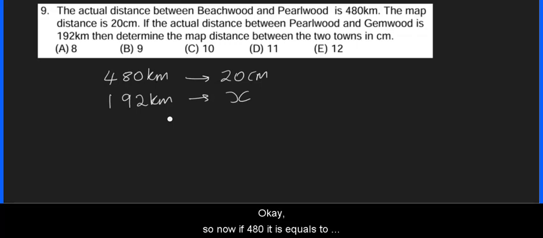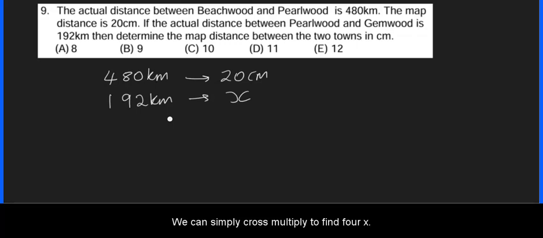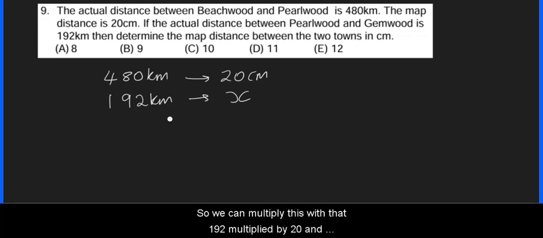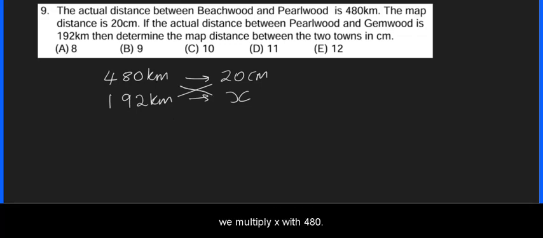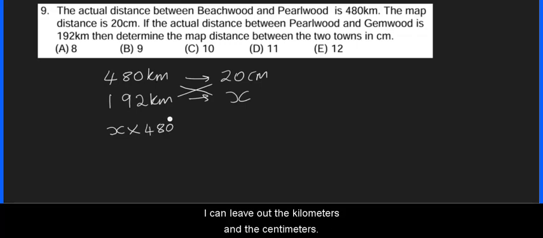So now if 480 equals that 20 centimeters, we can simply cross multiply to find x. So we multiply 192 by 20, and then we multiply x with 480. Then we have x multiplied by 480. I can leave out the kilometers and the centimeters.